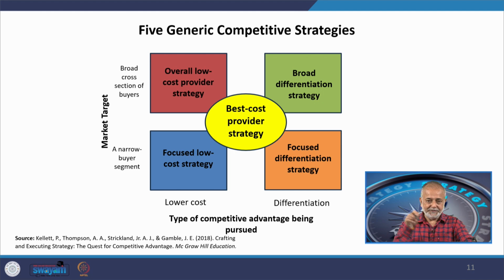And on the last quadrant, broad differentiation strategy means they are focusing upon differentiation with a larger cross section of buyers, and in between comes the best cost provider strategy, wherein you have chosen an optimal situation which is working well for you. But these four quadrants talk about the market target and the type of competitive advantage being pursued, and we can think in terms of n number of products.